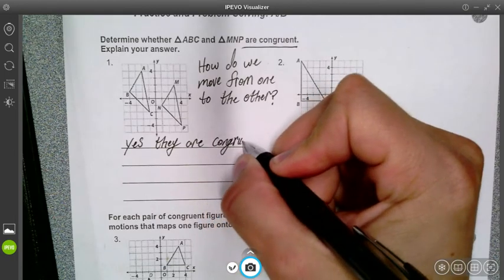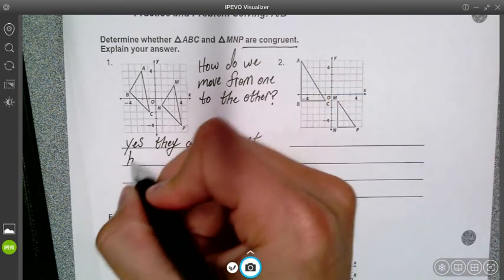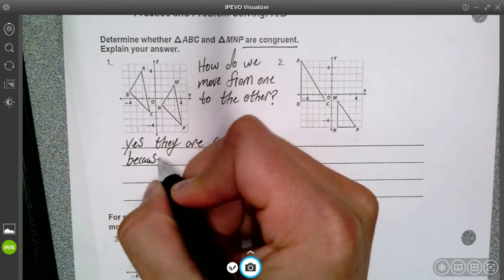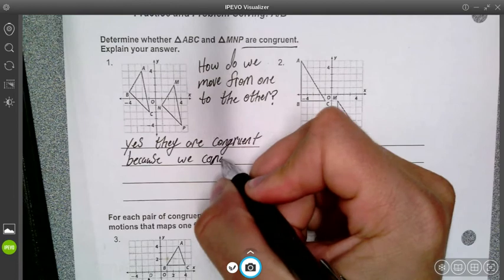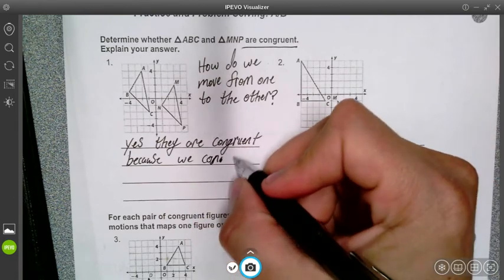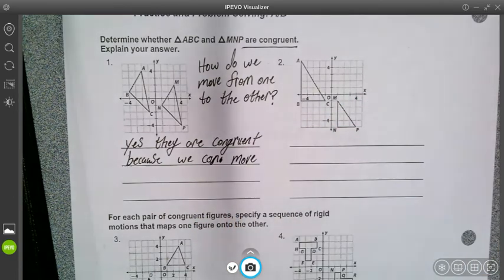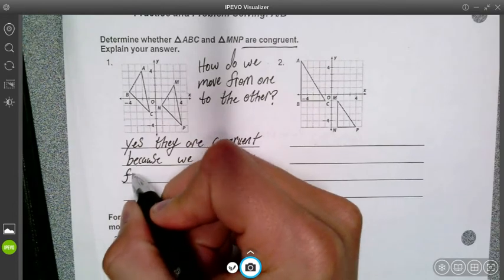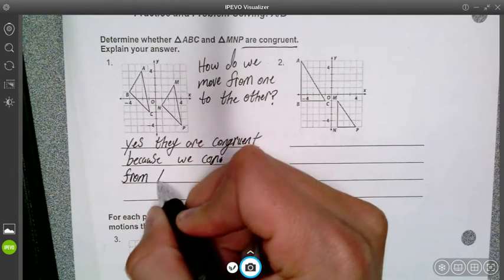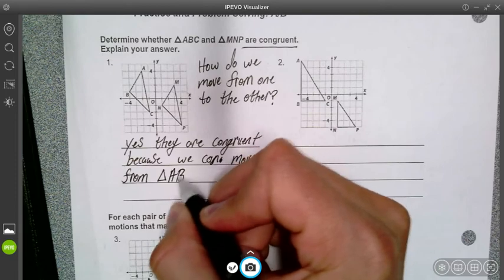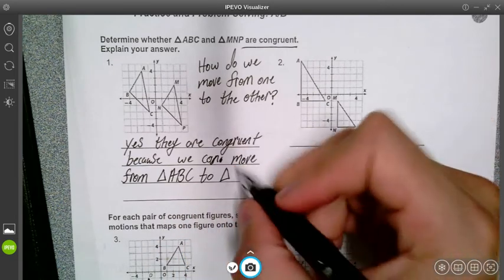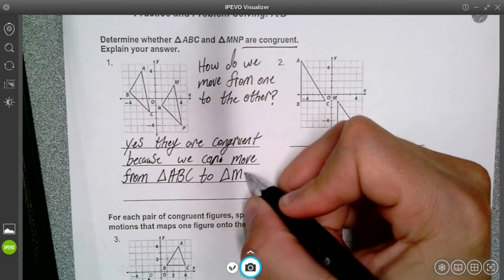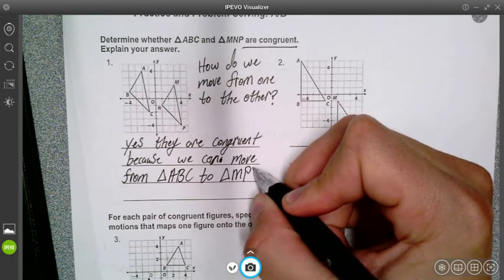Yes, they are congruent. And we know that because we can move from triangle ABC to triangle MNP.